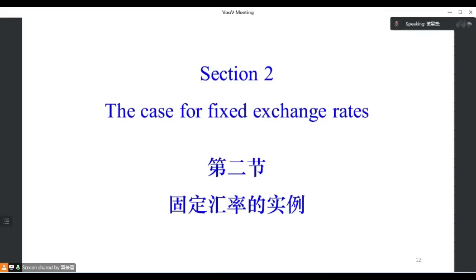In Chinese, we can say 固定汇率的实例. We can say case, instance.